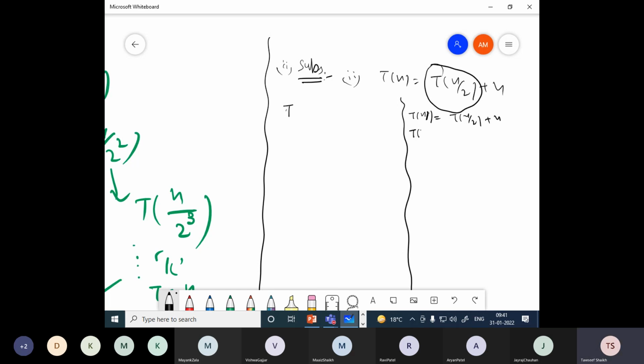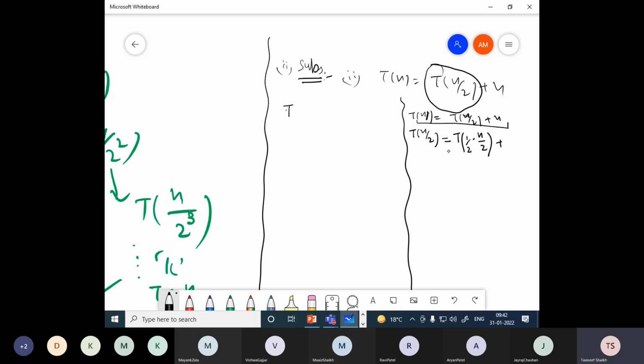So to find the value of T of n by 2 in the original equation, which is this one, I have to substitute n by 2 in every place where there is n. Taking this 1 by 2 as a factor outside, so as to make you understand how we substitute this value, otherwise you can directly do it. So now, in place of n, we will write n by 2 plus.